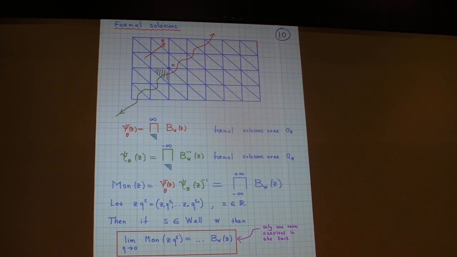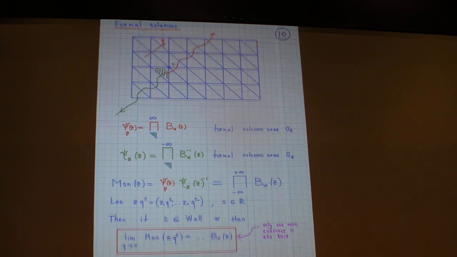And the question is, how would I reconstruct my Q-difference equation if I know its monodromy, right? From this infinite product representation, what you can infer is the following. You can hook up some special limit so that in this limit, only one factor of these infinitely many factors would survive.